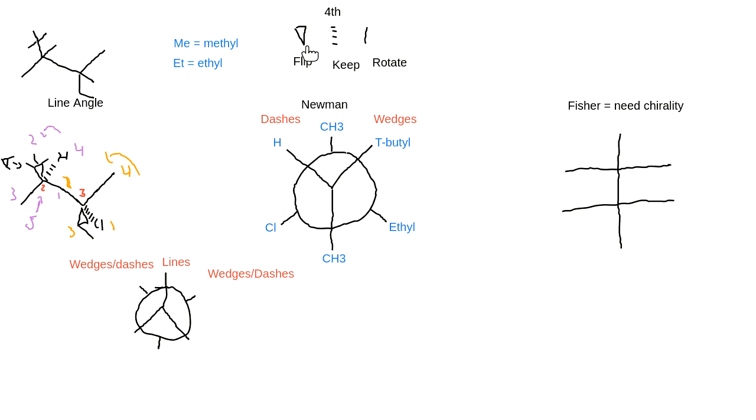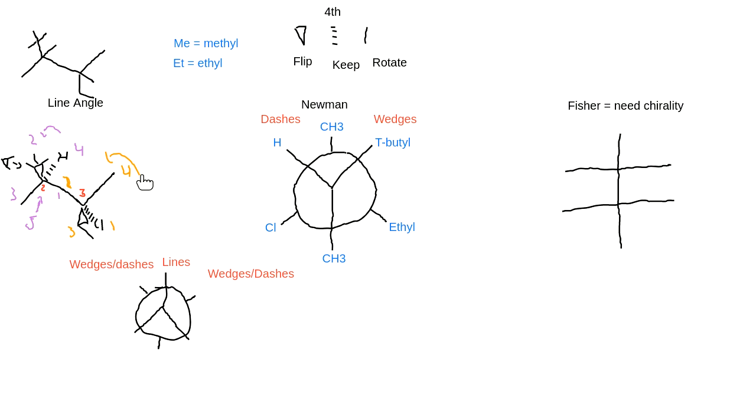Okay, and the reason why we do this is because you want your fourth group inside or into the page, your smallest group into the page. And if you ask me why that is, I think it has to do with steric hindrance, but you don't have to worry about the why of it.